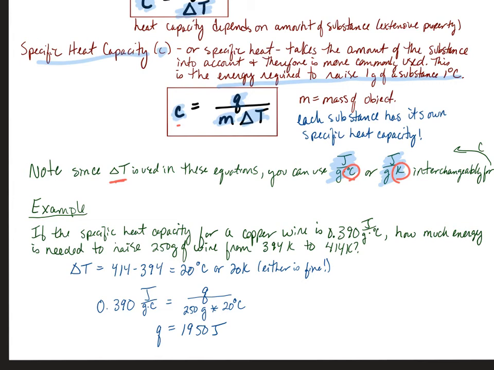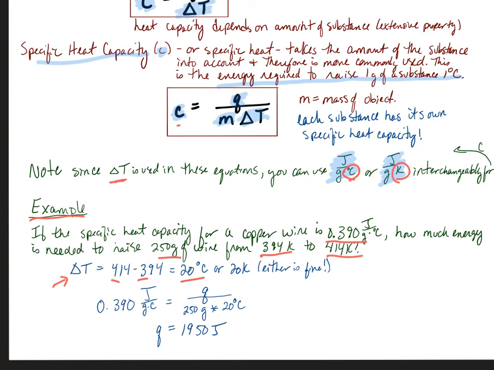A very common example of using specific heat capacity would be: if the specific heat capacity for copper wire is this amount, how much energy is needed to raise 250 grams of wire from this temperature, 394, to 414 Kelvin? Well, all you have to do is find what your delta T is here, in other words, your final minus the initial.